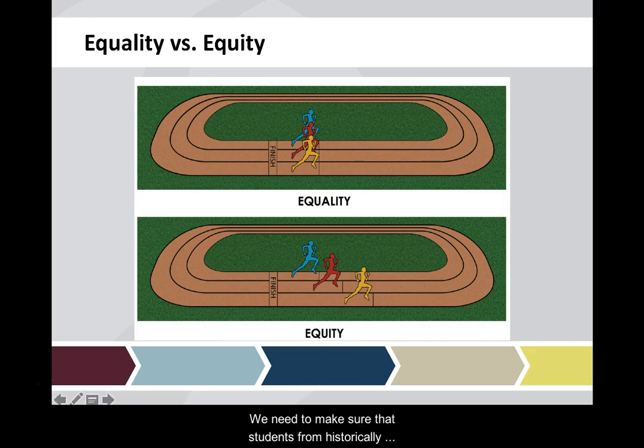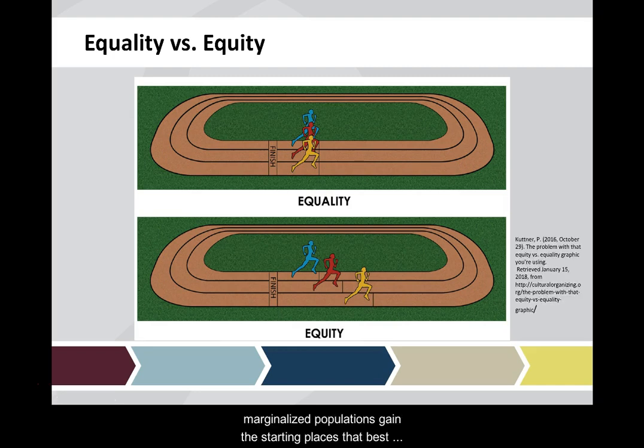We need to make sure that students from historically marginalized populations gain the starting places that best support their needs in order to make sure they run the same distance as students that come from historically privileged backgrounds. The key is getting every student group what they need in order to be successful.